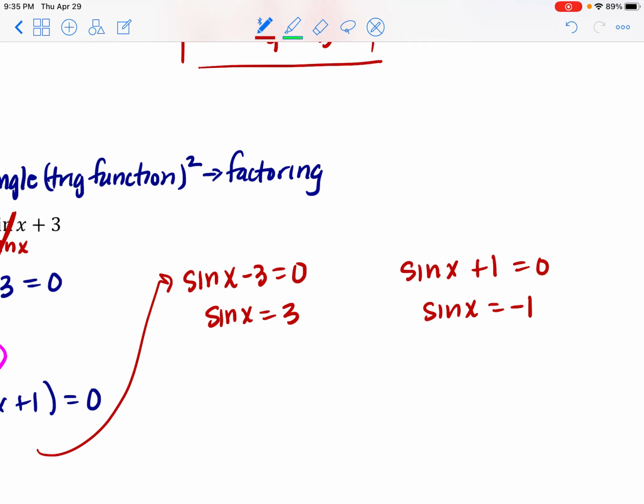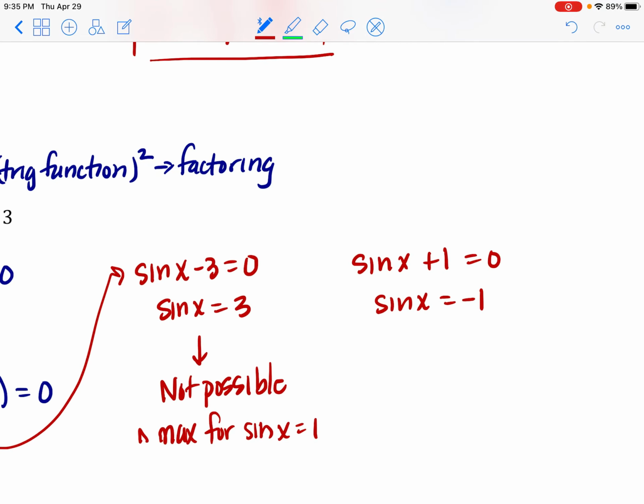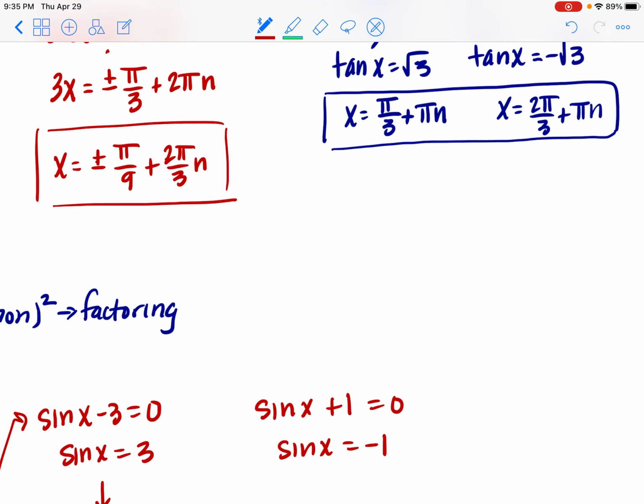So this one's not going to produce a solution. It's not possible because the max for sine of an angle is 1. And over here, the sine can definitely equal a -1.